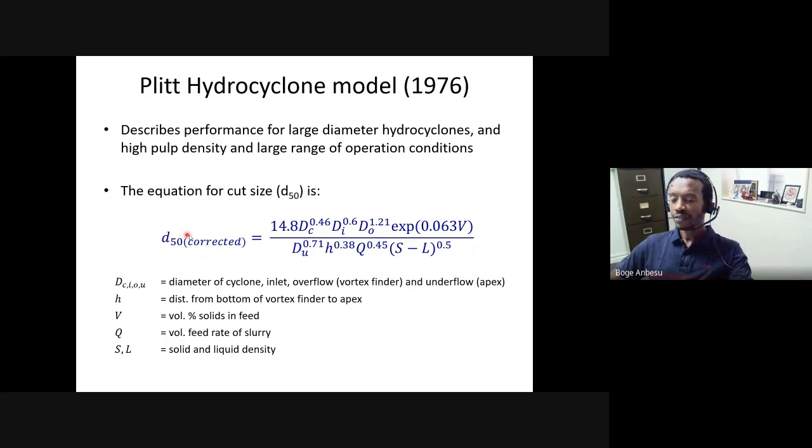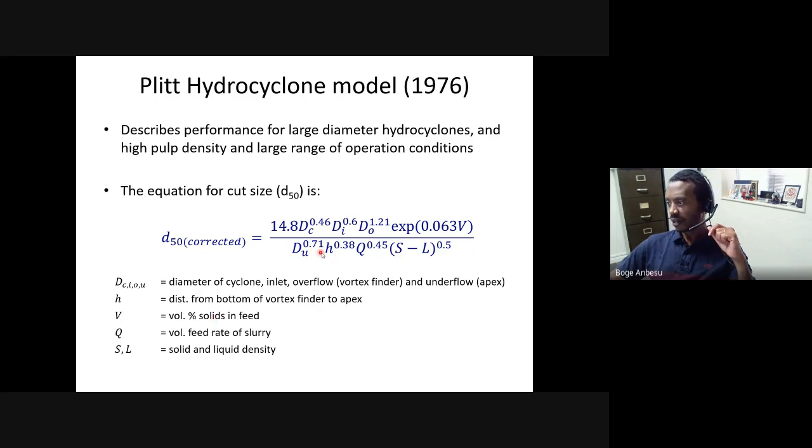In this case, the D50 is predicted using this model based on the diameter of the cyclone, the inlet diameter, the overflow or vortex finder diameter, and the underflow diameter. And H here is simply the height of your cyclone. We measure it from the vortex finder to the apex, and that gives you the height of the cyclone.